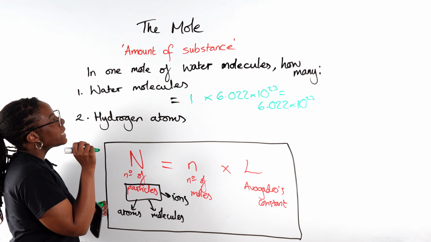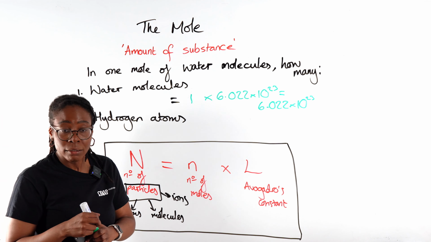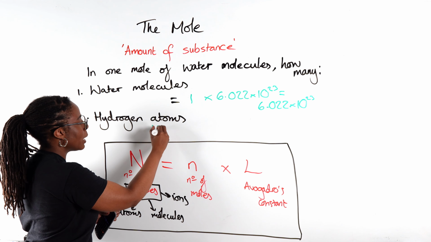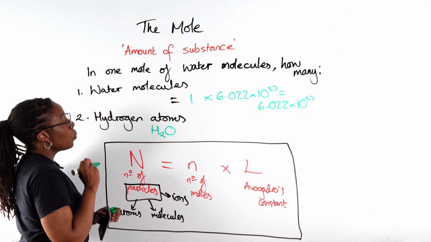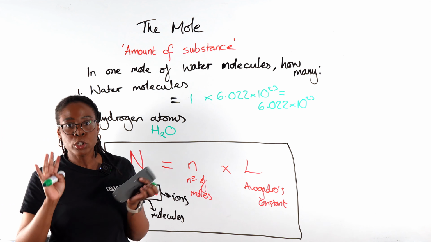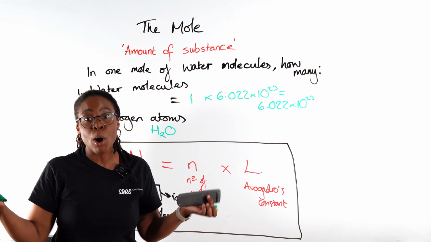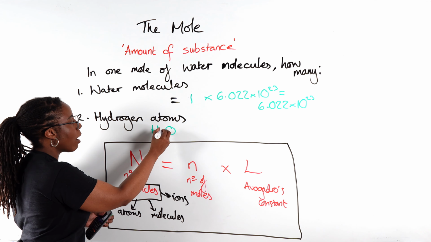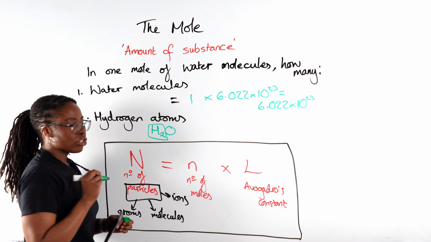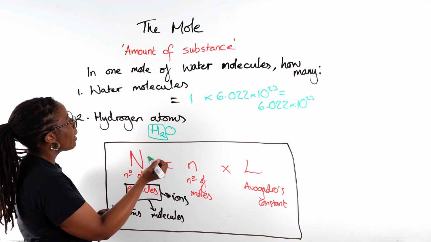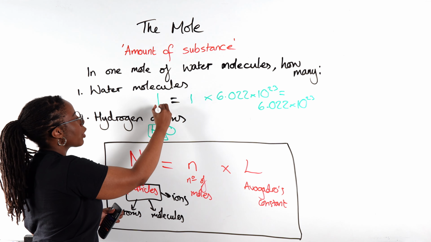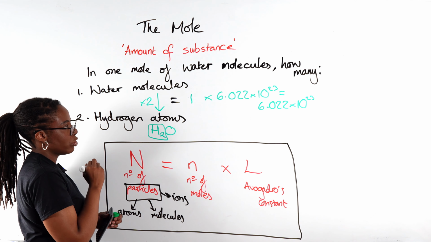So here we need to consider what is water. Water, of course, has the formula H2O, which means that for every molecule of water, and therefore every mole of water molecules, there are 2 hydrogen atoms. So however many water molecules there are, there are going to be double the number of hydrogen atoms.